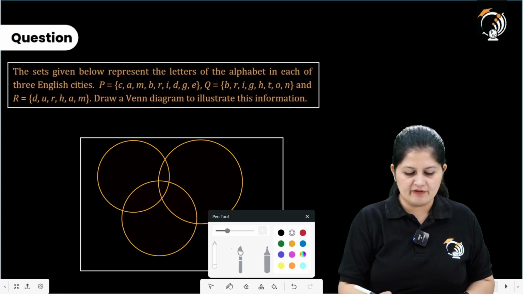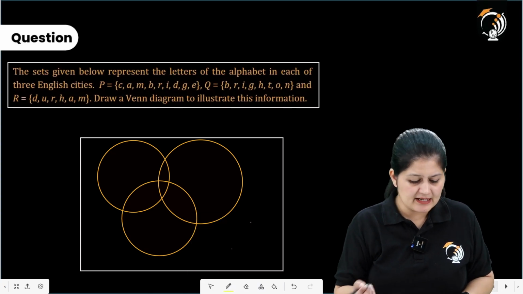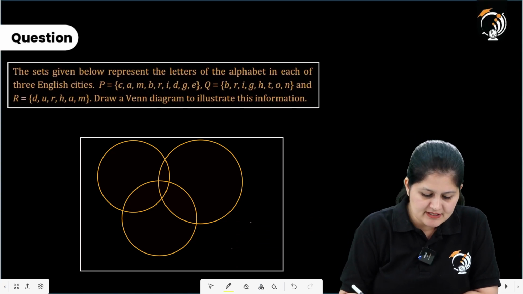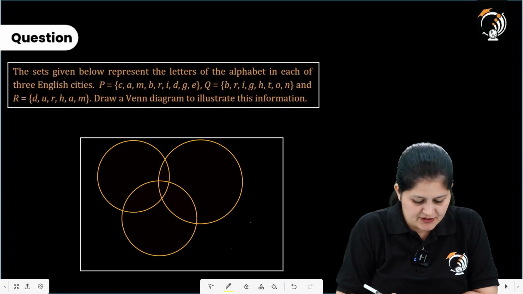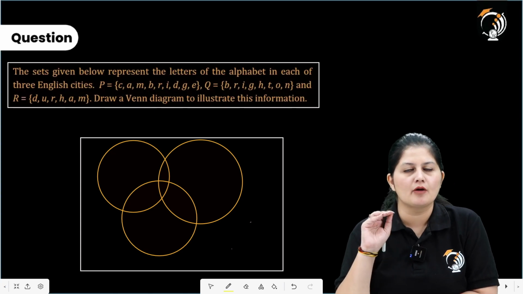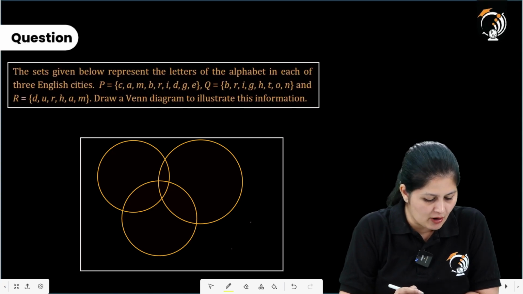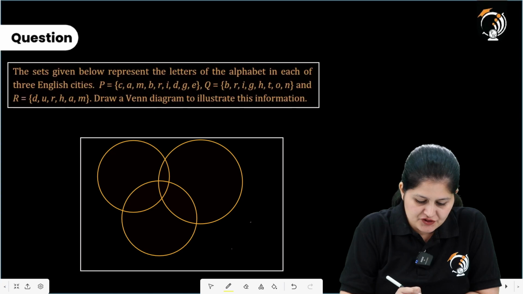Okay, so let's make the Venn diagram now. Let's write all the elements here firstly. Let's first talk about the elements that are common in all three of them. Are there any elements common in all three? Let's check for C. No, C isn't common. A isn't common.